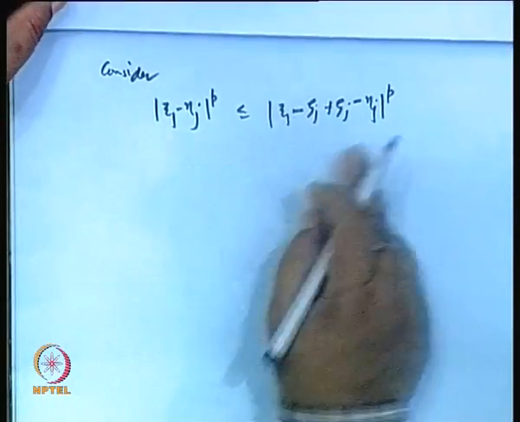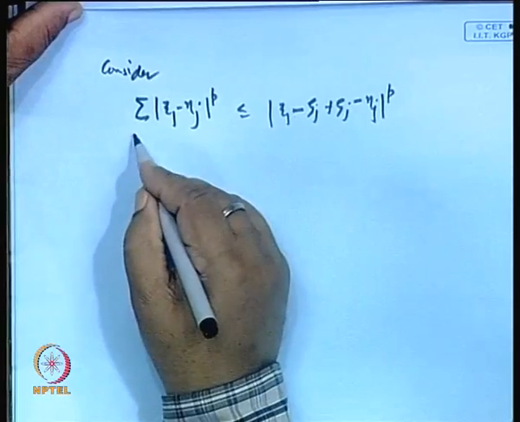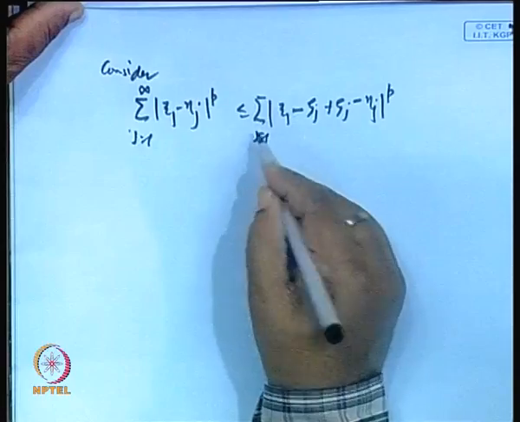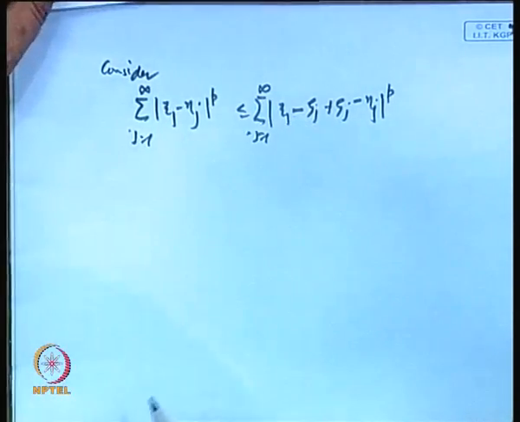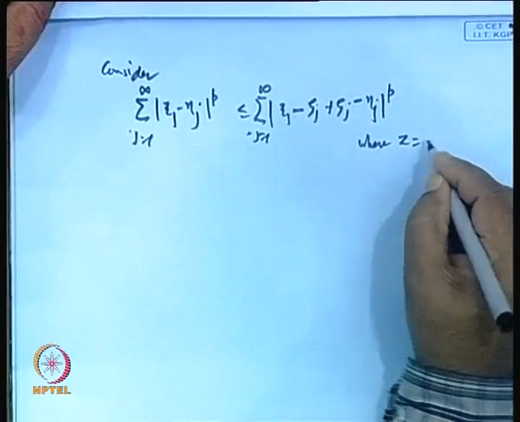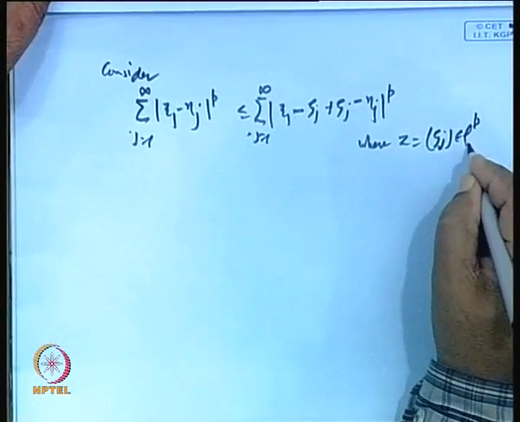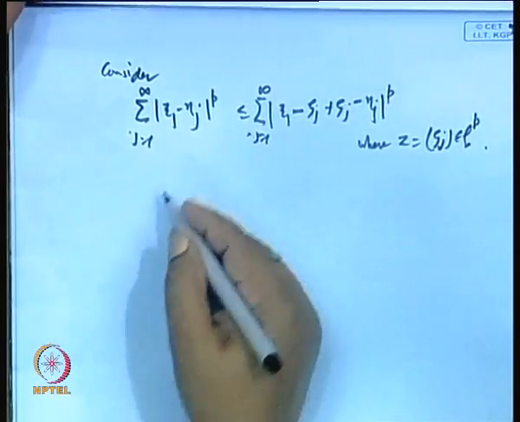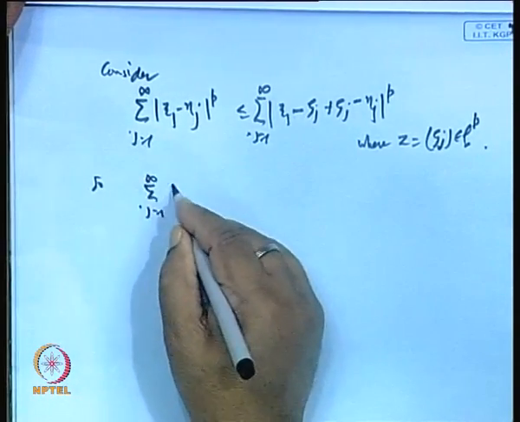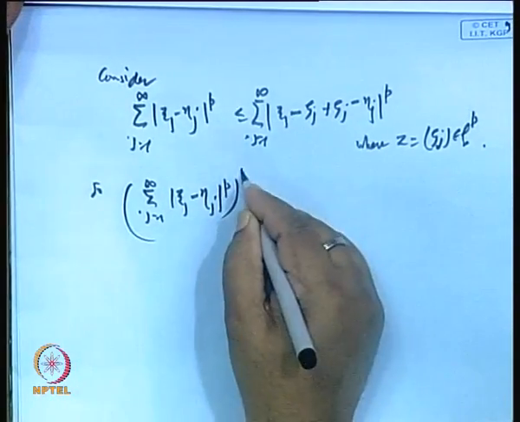Now, take the sigma of this, j equal to 1 to infinity, where z, which is zeta j, belongs to LP. Now, take the power 1 by p.